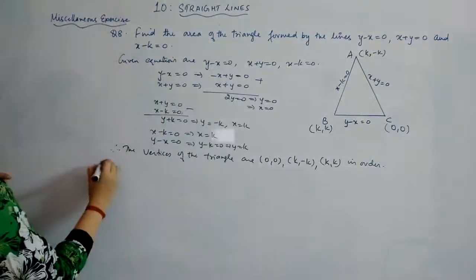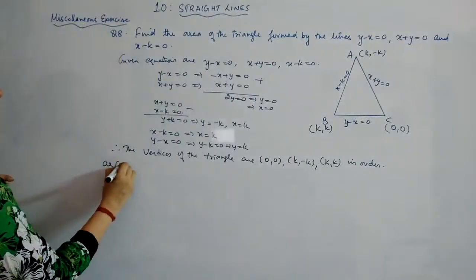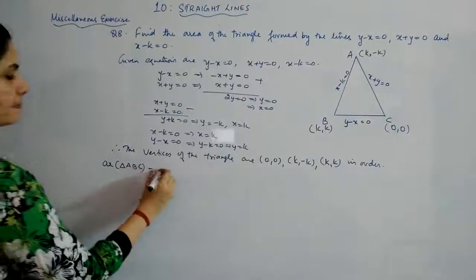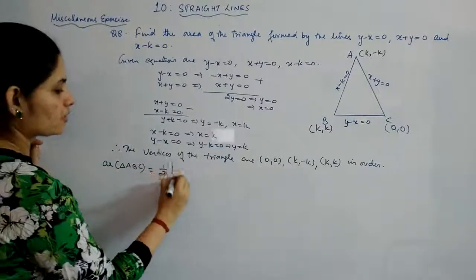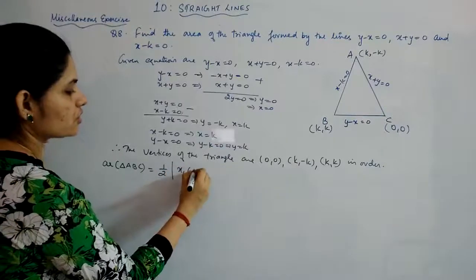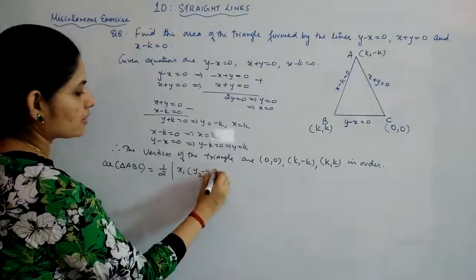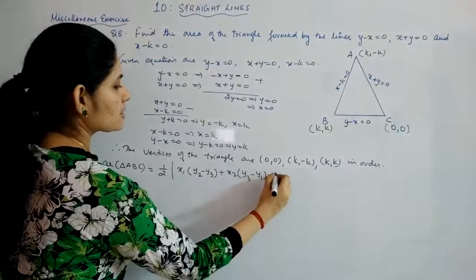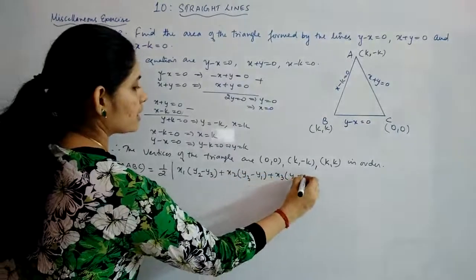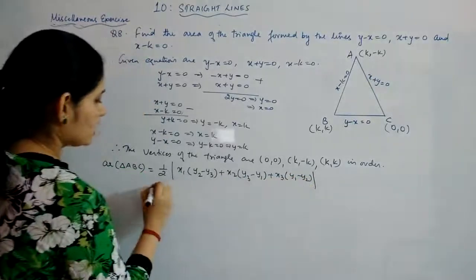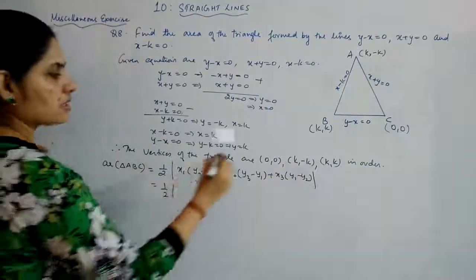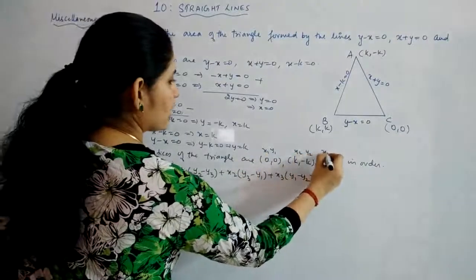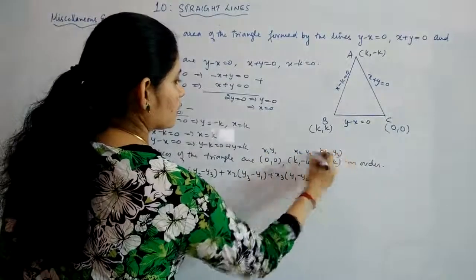Now you can use the area of the triangle. Area of triangle ABC is given to be half into modulus of x1 into y2 minus y3 plus x2 into y3 minus y1 plus x3 into y1 minus y2. Replacing the values, just see this is your x1 y1, x2 y2, x3 y3.